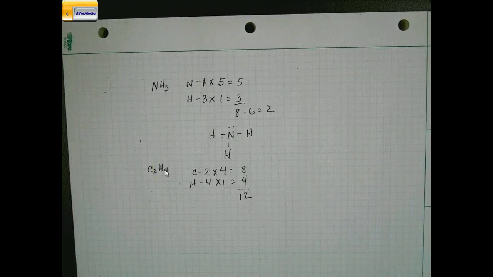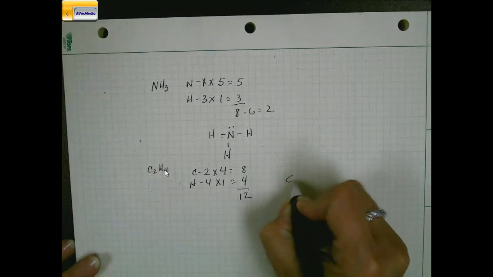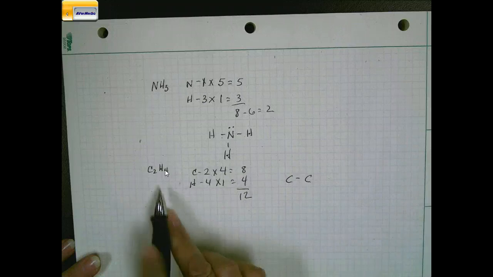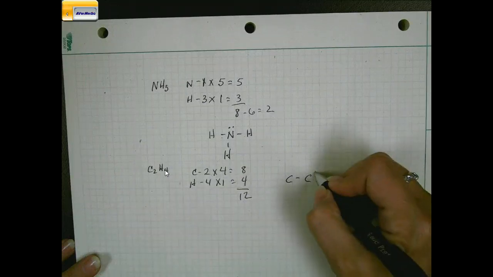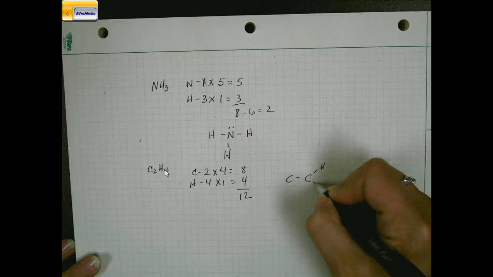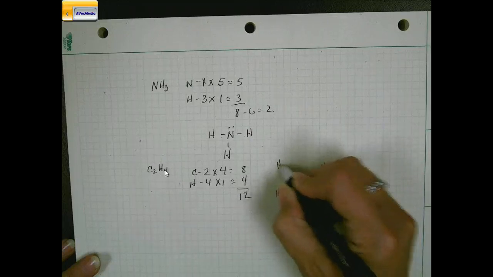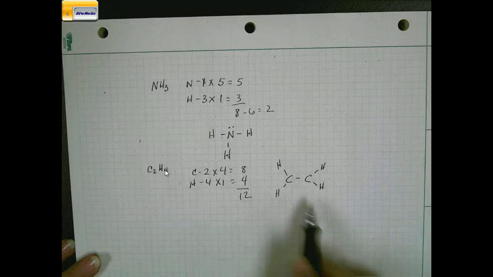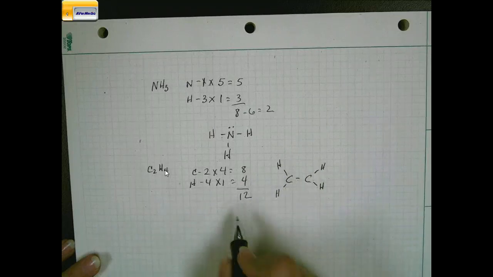Okay, so we have 12 electrons. We are going to connect the 2 carbon atoms to each other, and we are going to evenly distribute the hydrogen atoms to each carbon, so that would be 2 hydrogen atoms per carbon atom. And so we get a structure like this, and we have 12 electrons. We've used 2, 4, 6, 8, 10 of them.